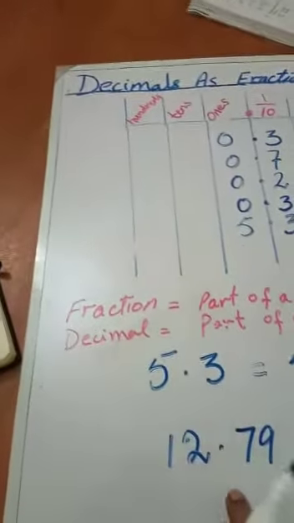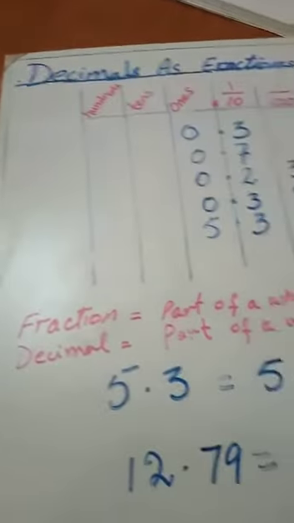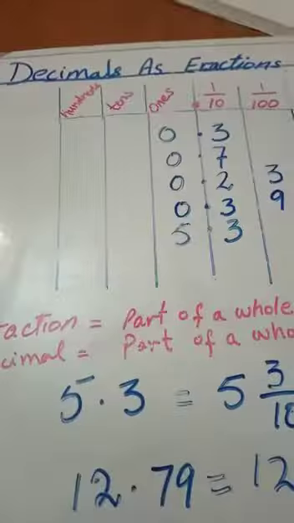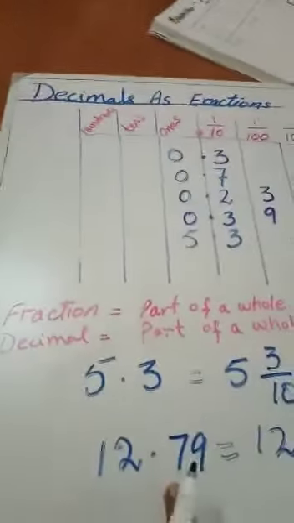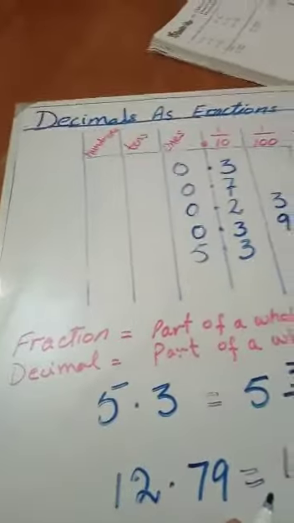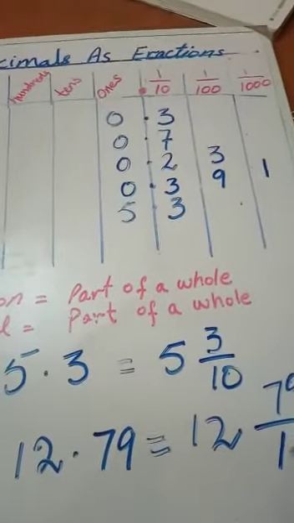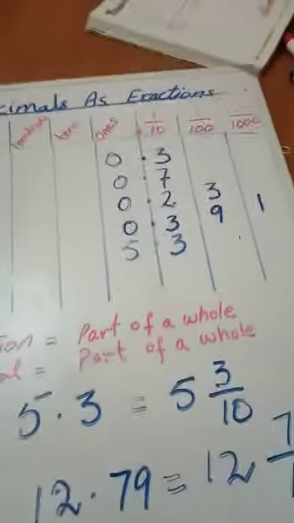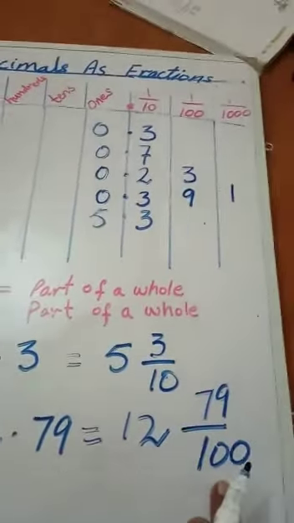So you can see before decimal is a whole number, we can write like this: 12 whole, then 79. This is 7 is a 10th place and 9 is a 100th place. So 79 is a numerator and 100 is a denominator. So it is 12 whole 79 100th.